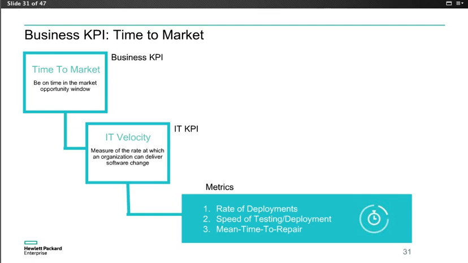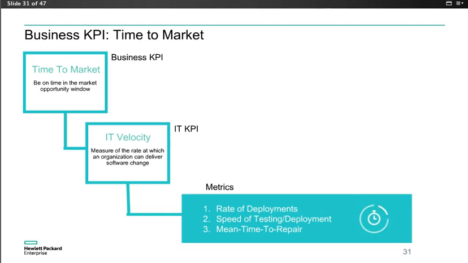It means that the business would like to be on time with new products and new services on the market, and IT can be pressed or maybe motivated to measure the rate of software change that will be delivered on time.